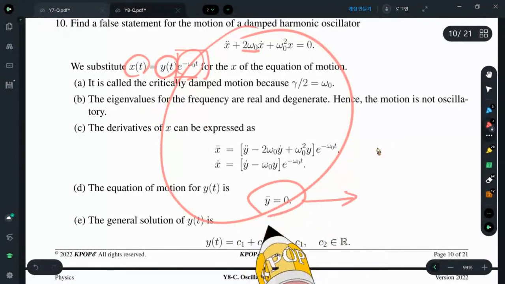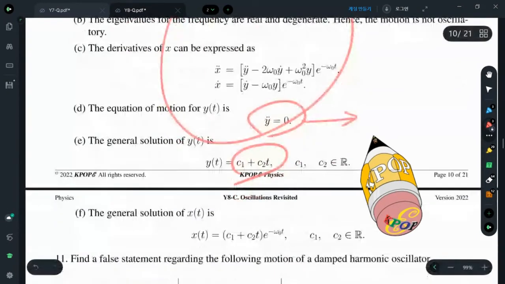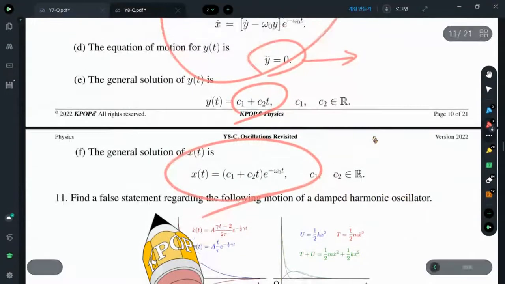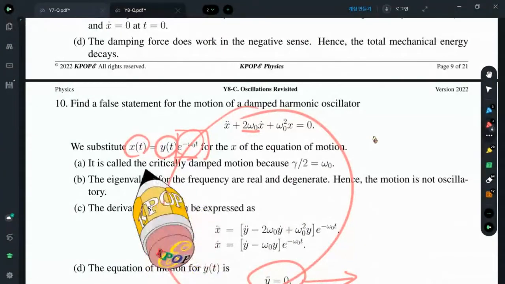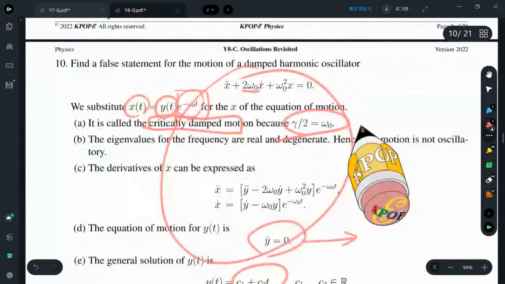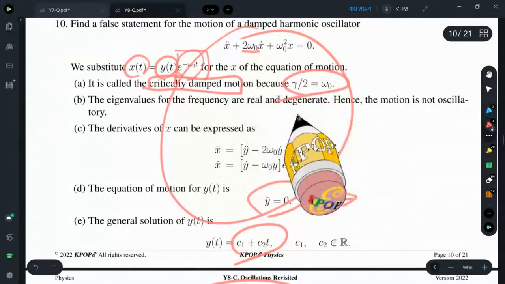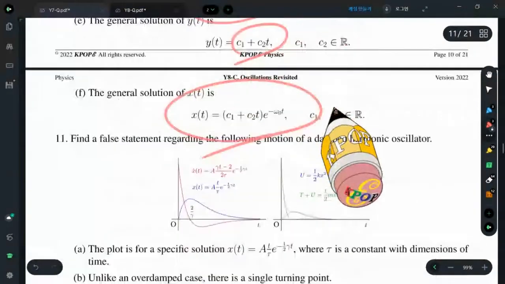And high school students know this answer is a constant plus a constant times time. So this is the general solution for critically damped motion. Critically damped motion occurs when this one is satisfied. But in reality, it is very rare to find such a situation.